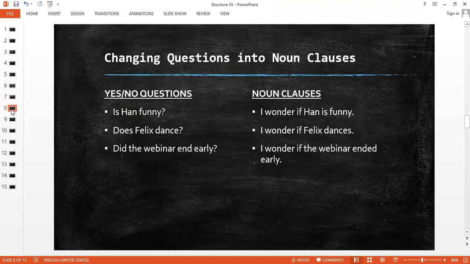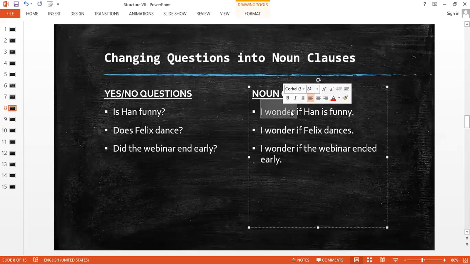Okay, let's continue. Here is changing a question into a noun clause. We have yes/no questions, for example, "Is Han funny?" When it becomes a noun clause: I wonder if Han is funny. You can use the expression "I wonder if."